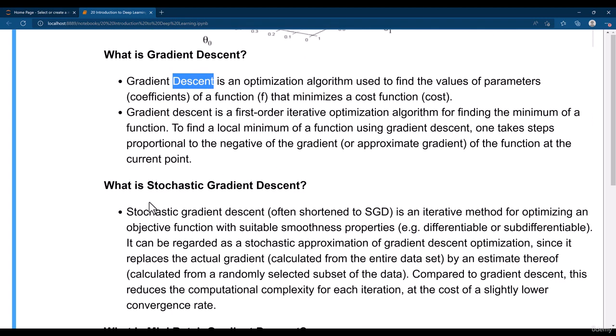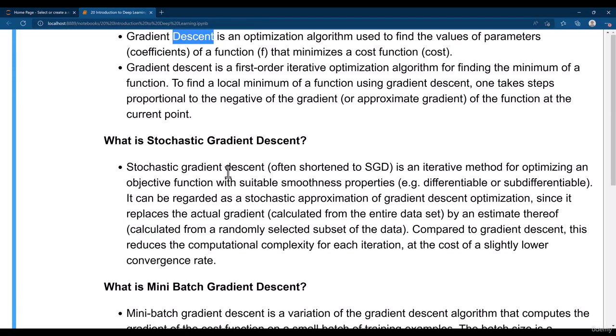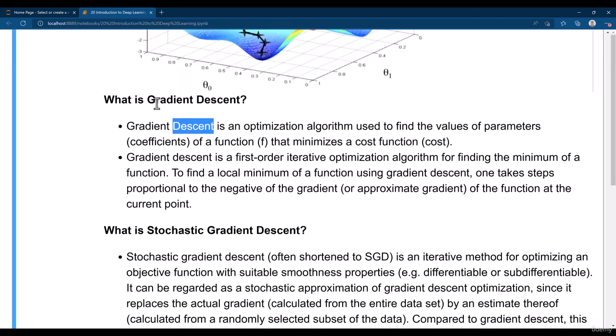Then you have stochastic gradient descent. This is also an iterative method for optimization, and it takes a small subset of your data for the optimization. This is a randomly selected subset of the data in the case of stochastic gradient descent. In general gradient descent, all data is taken at once.